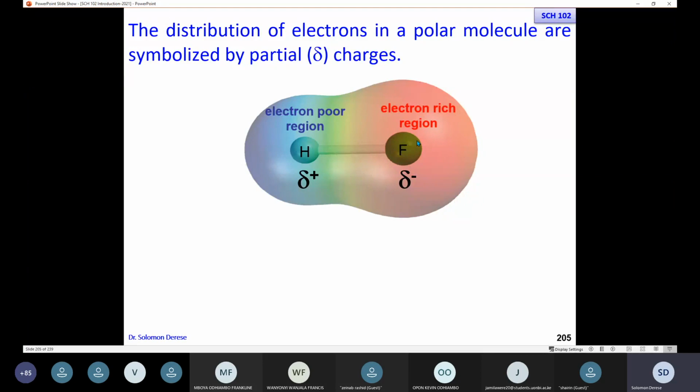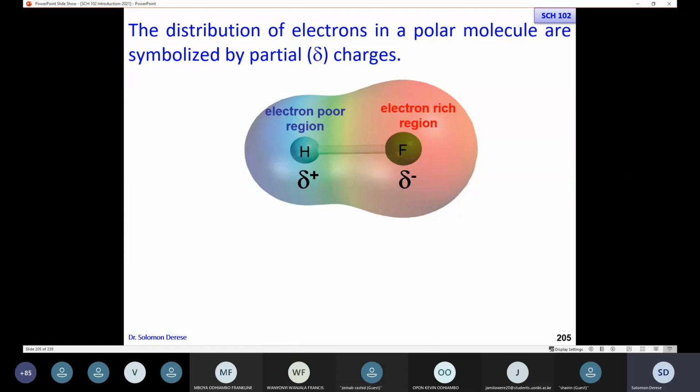The element that will be partially negative will be the more electronegative element. Hydrogen is on the left side of the periodic table. Fluorine is in the extreme right of the periodic table. There is a very big difference in electronegativity between hydrogen and fluorine. Therefore, on the fluorine, you put partially negative. On the hydrogen, you put partially positive.